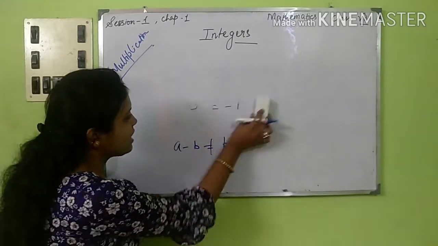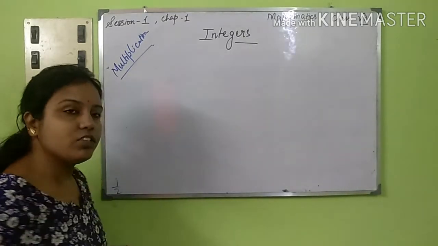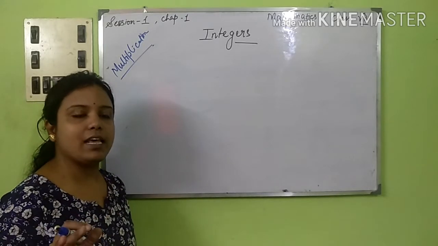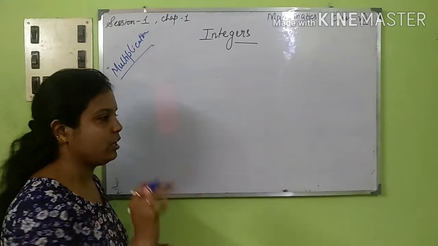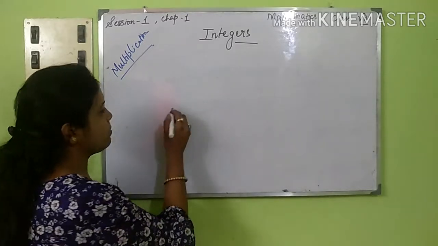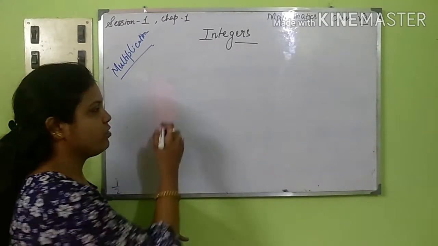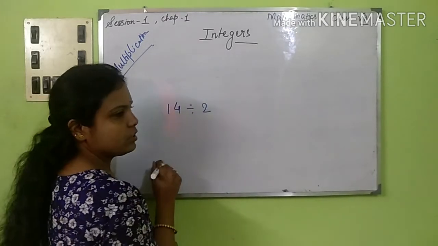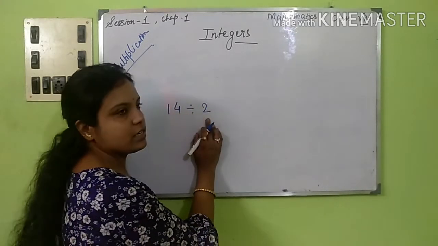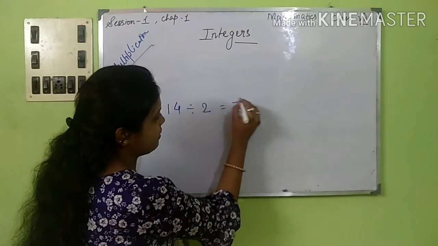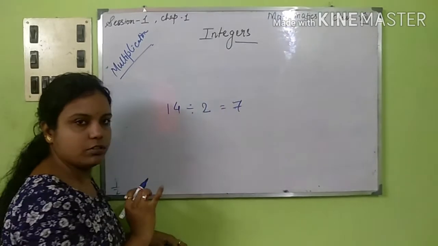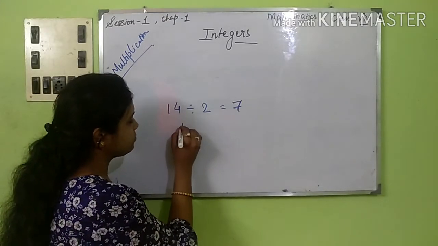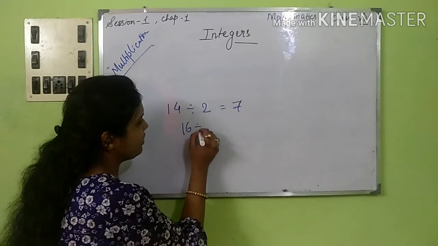Okay. Next, coming to the division part. Now division is also the same thing. None of the integers holds the closure property. You might say, ma'am, suppose we are having 14 divided by 2. 14 is an integer, 2 is an integer. We are having 7, right? So 7 is an integer. Good, right enough. But suppose I am taking 16 divided by 0.